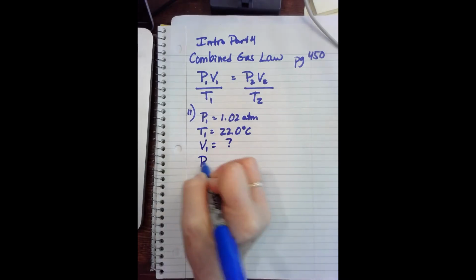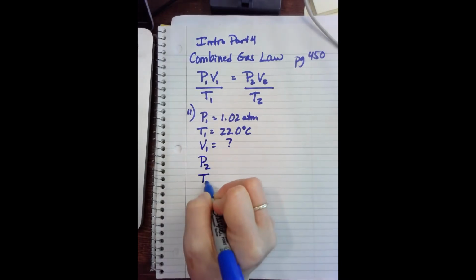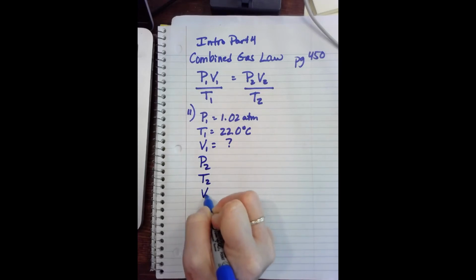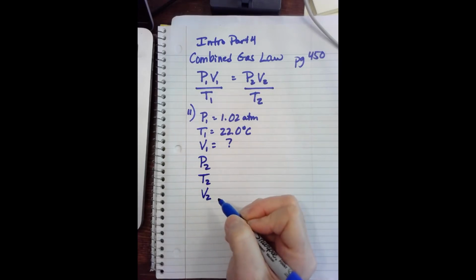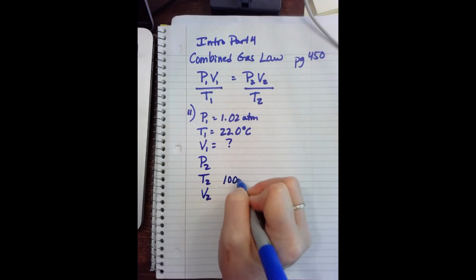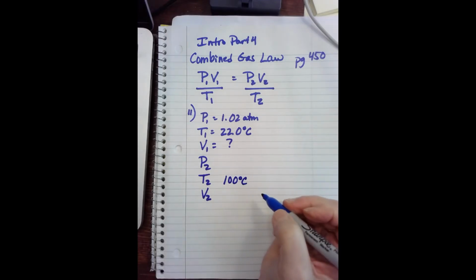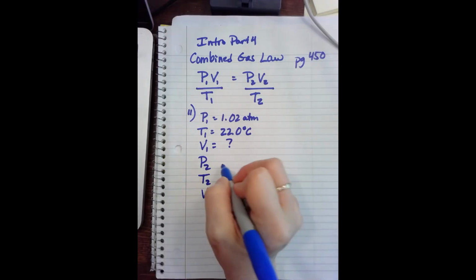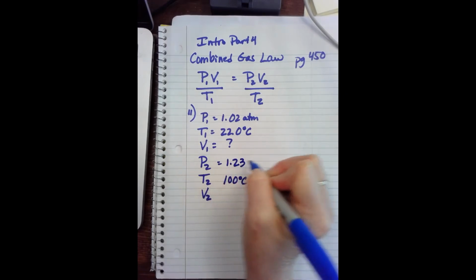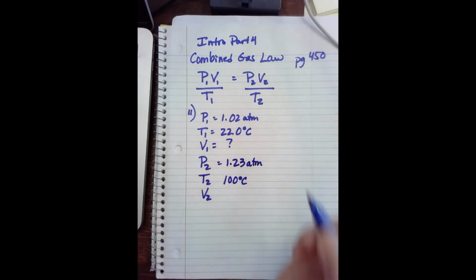So now let's look at our changing circumstances. I'm going to go in the same order here as we listed those. The syringe is placed in a water bath and it goes to 100 degrees Celsius. The pressure is increased to 1.23 atm.